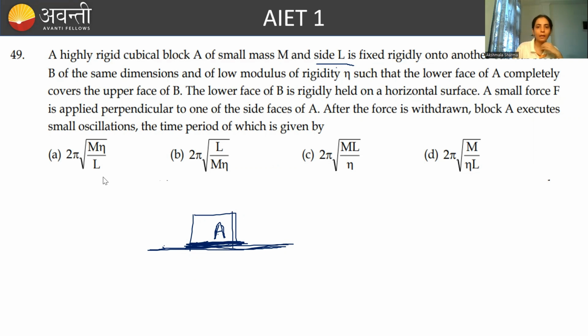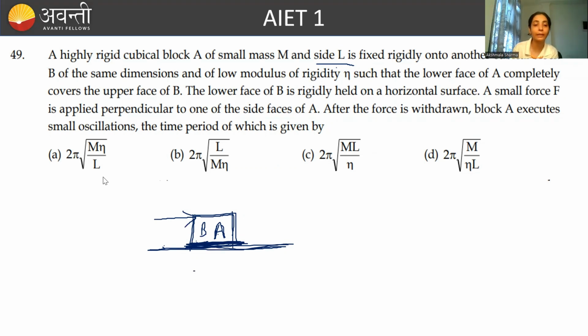A small force F is applied, मतलब A के अंदर ही B है ना, so A के अंदर B. So a small force F is applied perpendicular to one of the side faces of A. After the force is withdrawn, block A executes a small oscillation, the time period of which is given by.